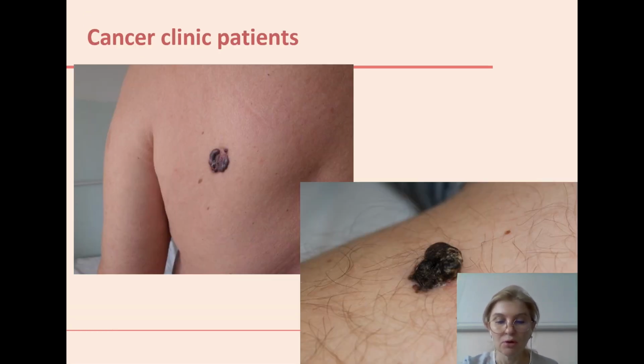It's not always possible to make a diagnosis even using dermatoscopy. There are two patients of the oncology clinic on this slide, a man of 60 years old and a young man of 23 years old. In both patients, the elements are represented by nodes protruding above the skin with a bumpy surface.